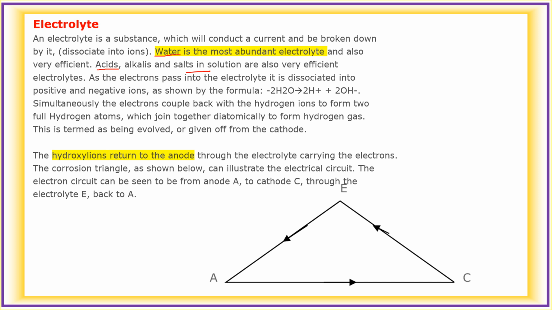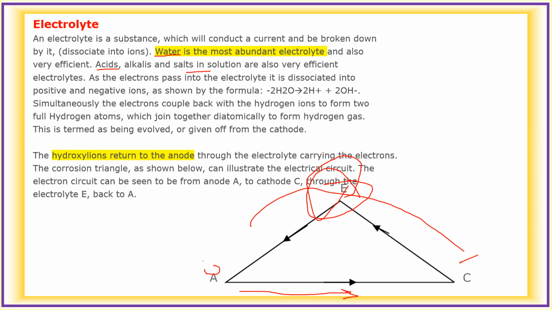The corrosion triangle. You can see this is the corrosion triangle, which has anode, cathode and electrolyte. The electron circuit, you can see, passes from anode to cathode. The corrosion circuit goes from cathode to anode via the electrolyte.